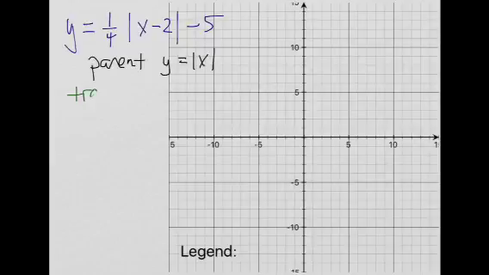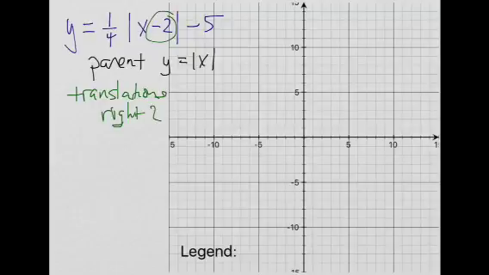I look for my translations or my shifts. And so I see here, I'm going right 2. Here I'm going down 5. Then I look at my dilations.